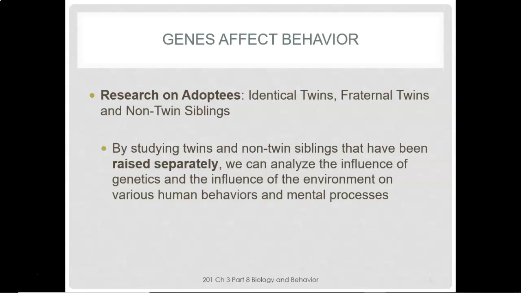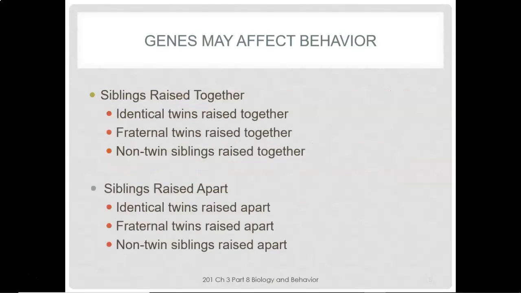We'll talk about this some more. So, when we're looking at siblings, we look at identical twins, fraternal twins, and non-twin siblings raised together. And we look at siblings raised apart, identical twins, fraternal twins, and non-twin siblings raised apart. This gives us more information about the human condition.